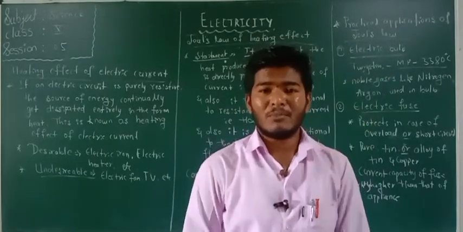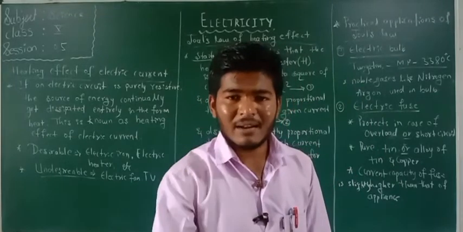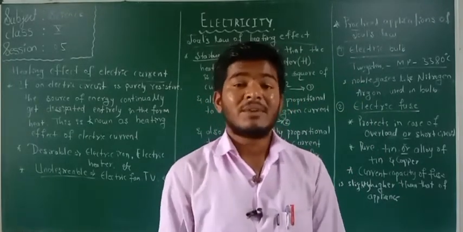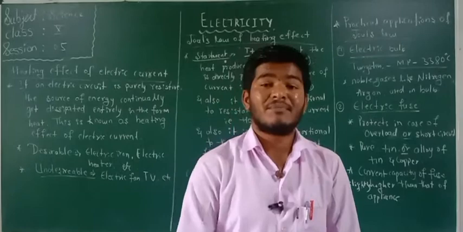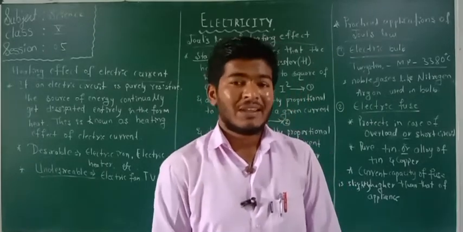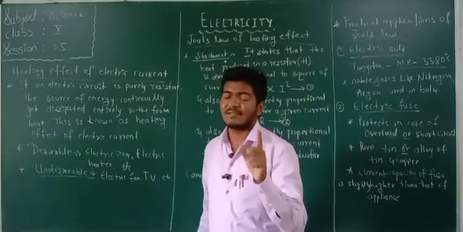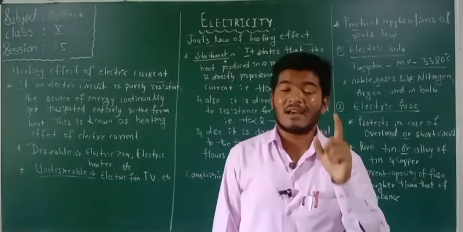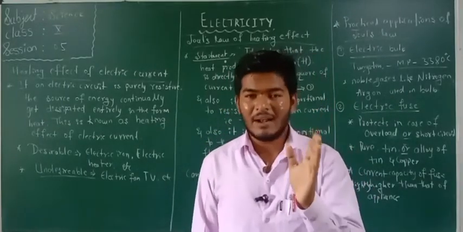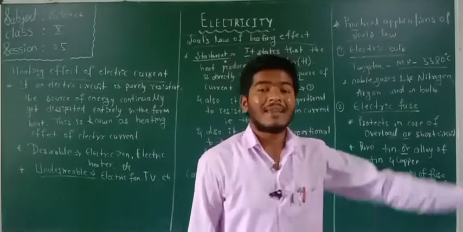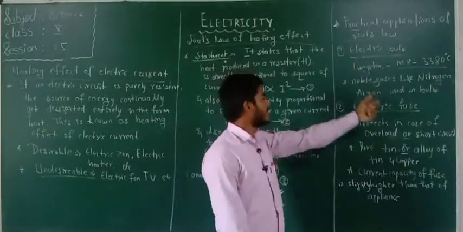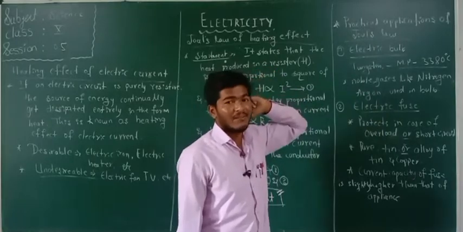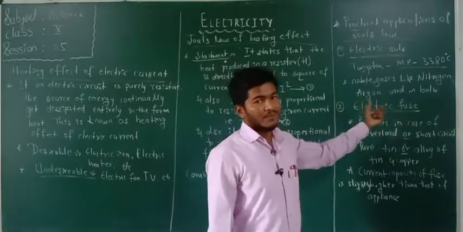If the melting point of that conductor or filament is low, it will melt when heated more. Therefore, in electric heating devices they use conductors or filaments with a high melting point. Another use of the heating effect of electric current is the electric fuse.